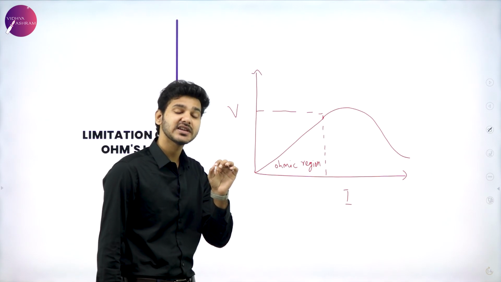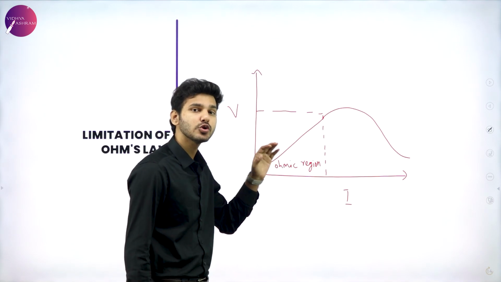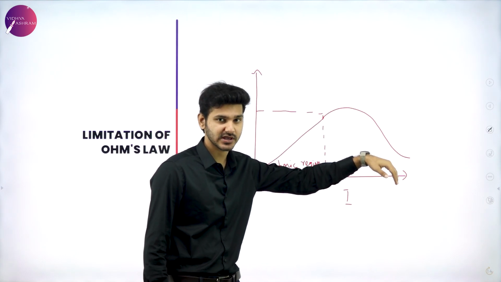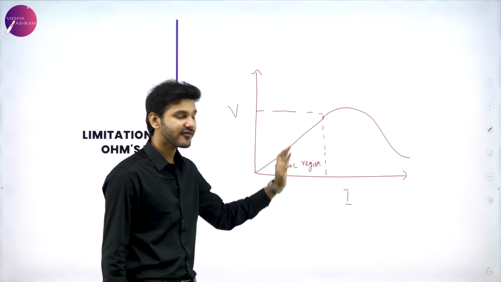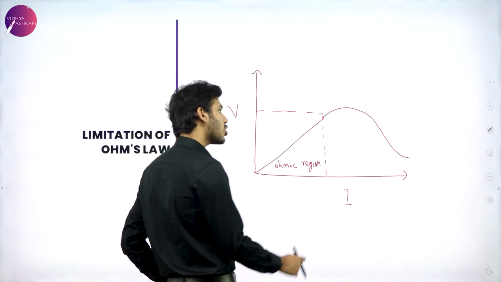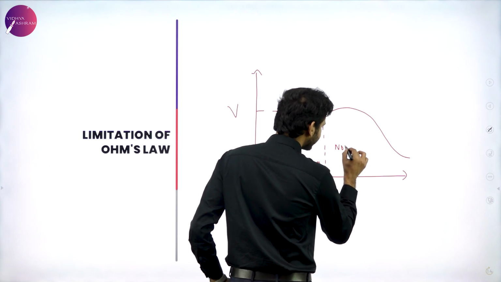And after this, we can clearly see that this is no more a straight line, but rather a curved line which is dipping. So this region after which Ohm's law is no more followed is known as the non-ohmic region.